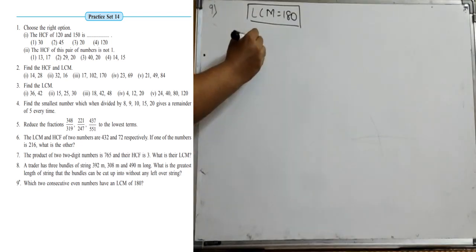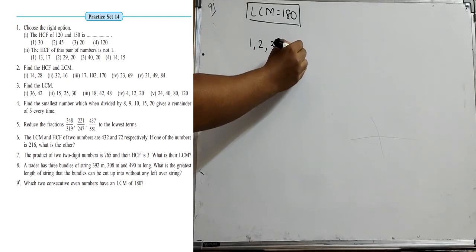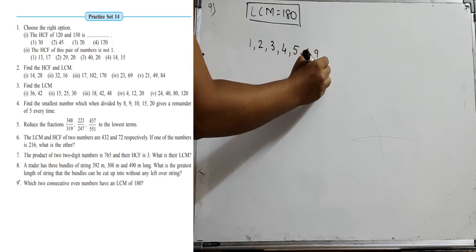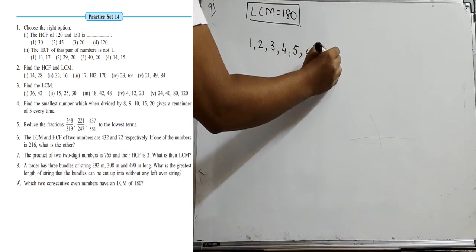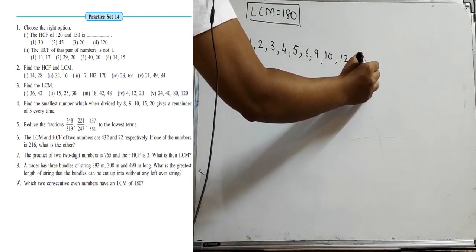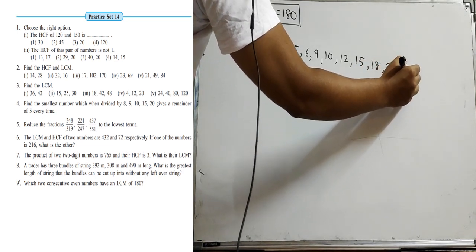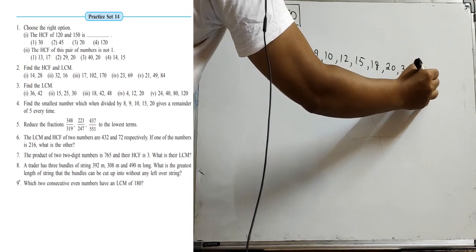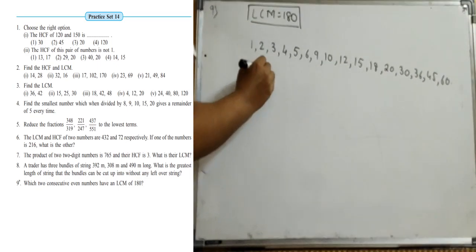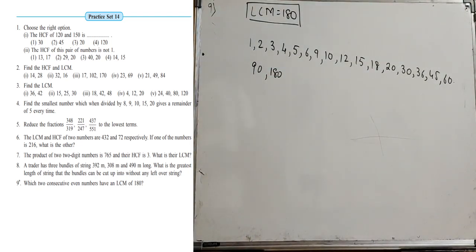Factors of 180 are 1, 2, 3, 4, 5, 6, then you got 9, 10, 12, 15, 18, 20, 30, 36, 45, 60, 90 and 180. Okay, so these are the factors of 180.